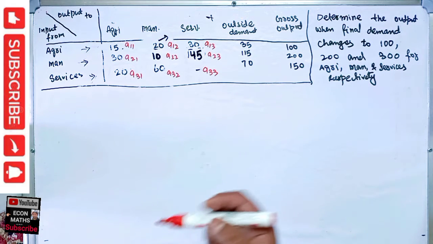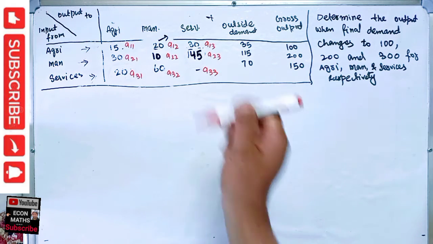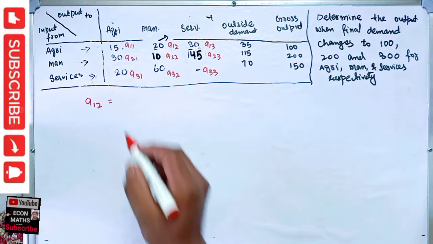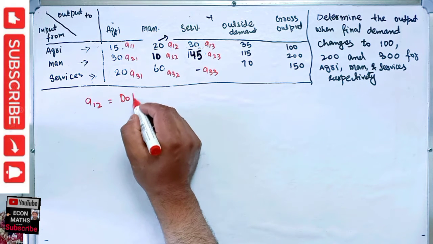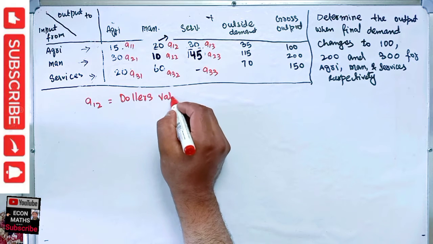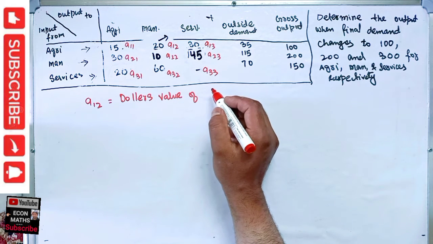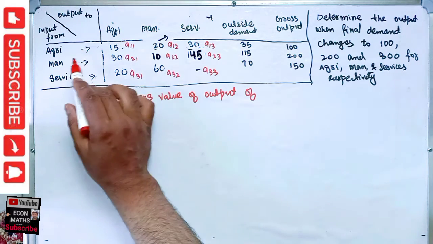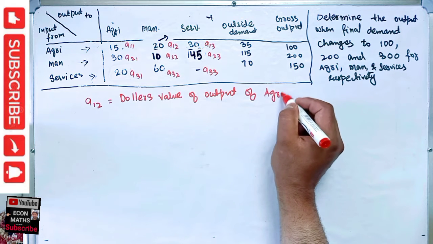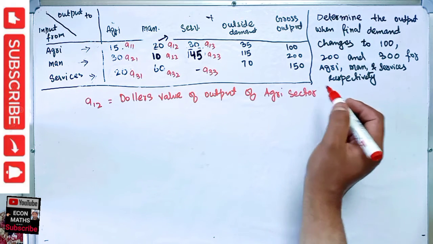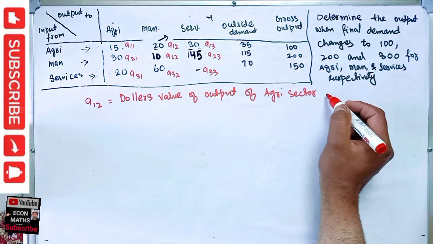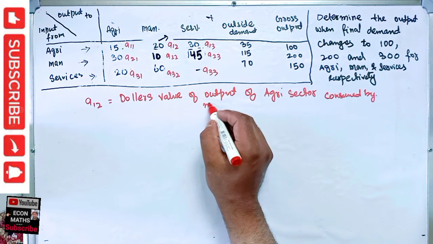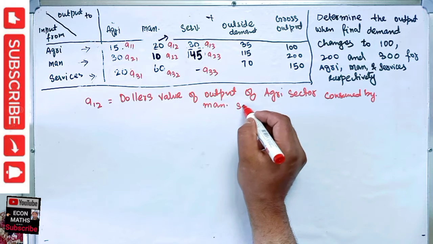Now what do these numbers tell us? Let me show you what this A12 tells us. It simply tells us the dollars value of output of the agriculture sector consumed by the manufacturing sector.